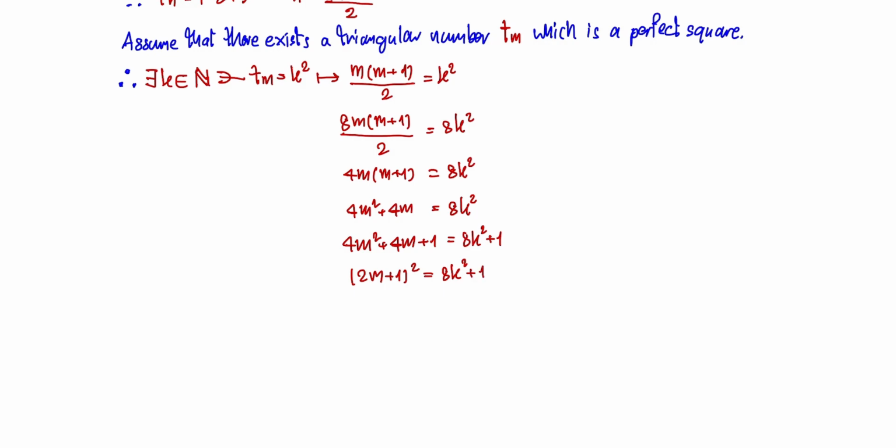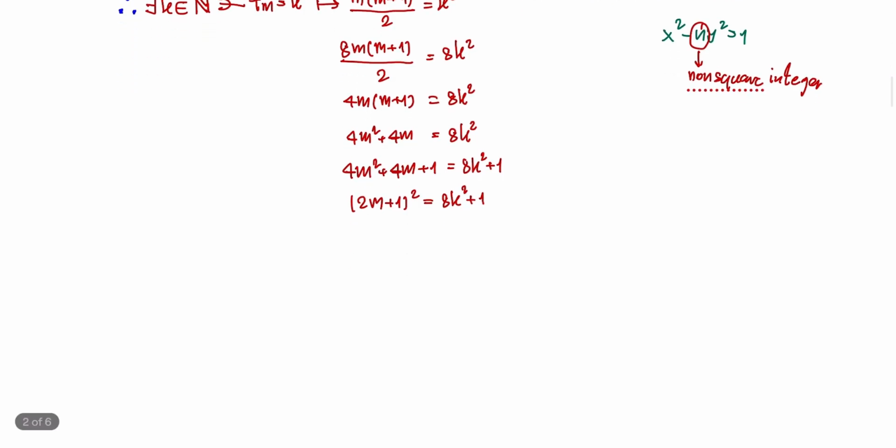For the Pell equation, we have x squared minus n y squared equals 1, right, where n is a non-square integer. So what can we do with this? We have 1 right here, and we have 8k squared right here. So we move 8k squared to the left side.